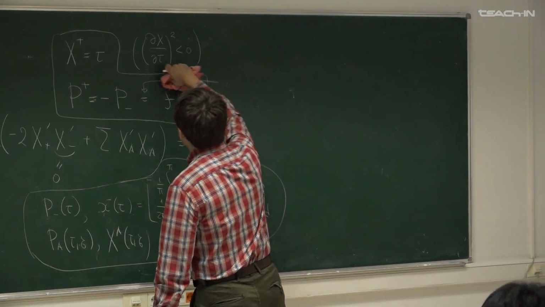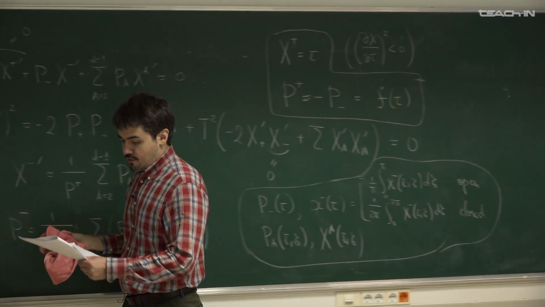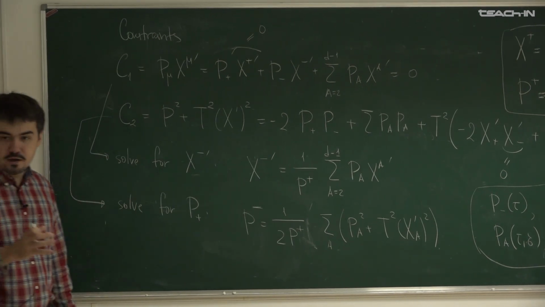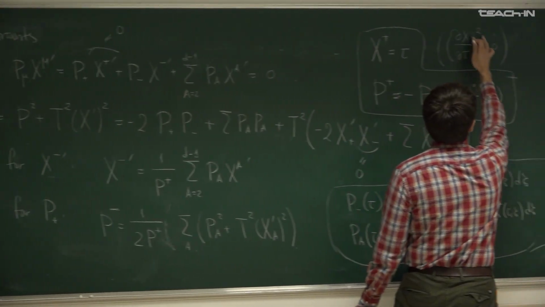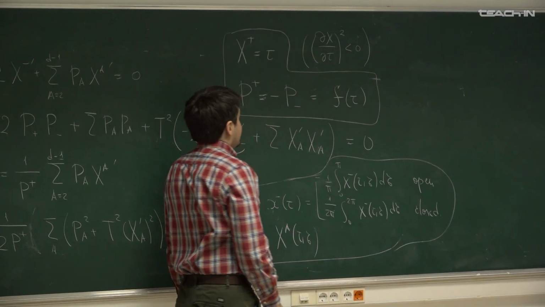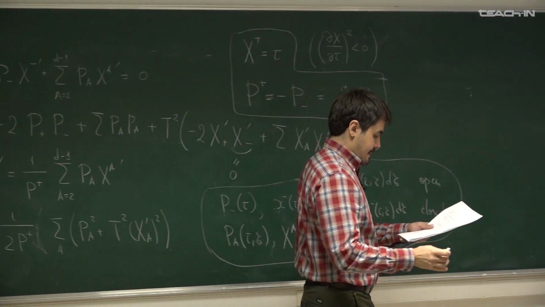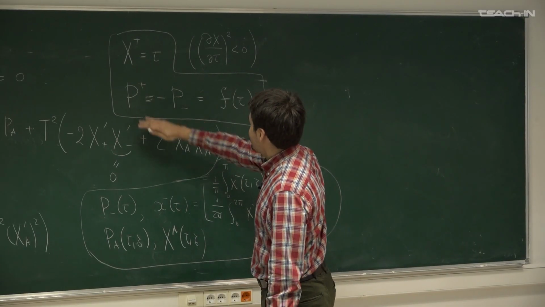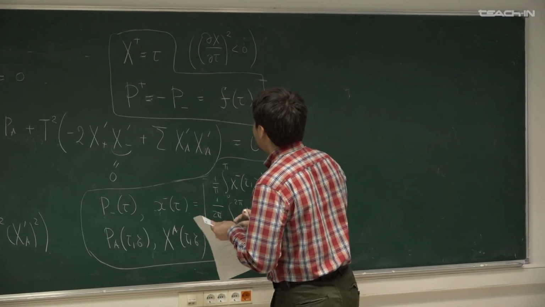The point, well, x plus equals tau, like I said, works the same way as in the case of the particle. So we assume that at each point dx over d tau squared is time-like, so you can project on the light cone. But then, to justify the second gauge choice, we have to actually write out the expression for p plus.